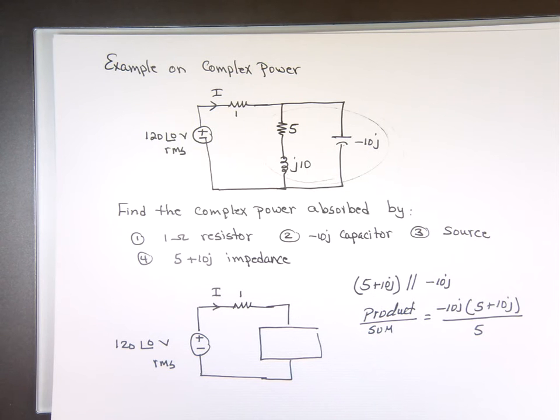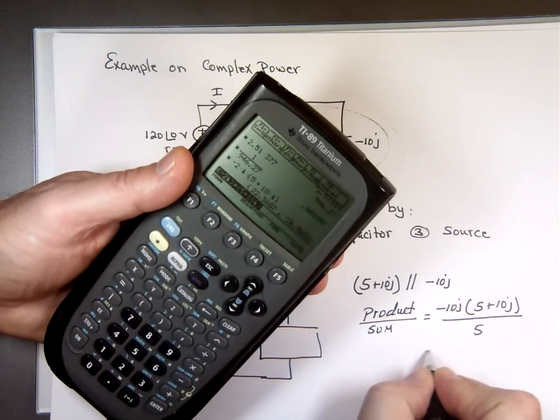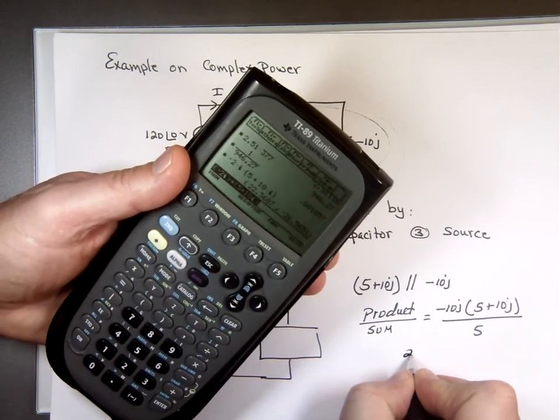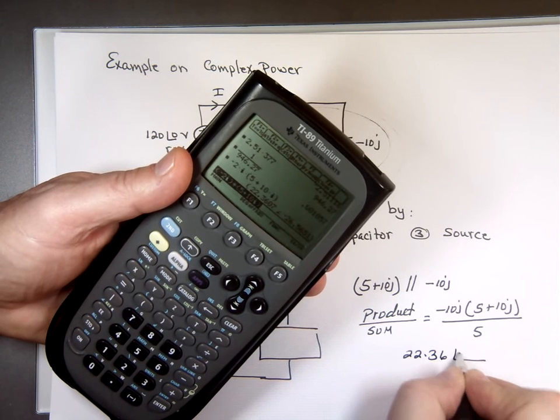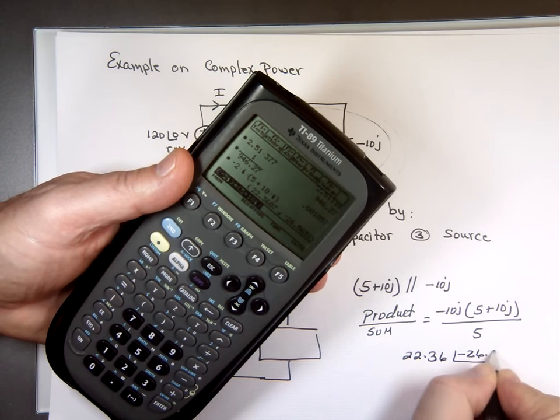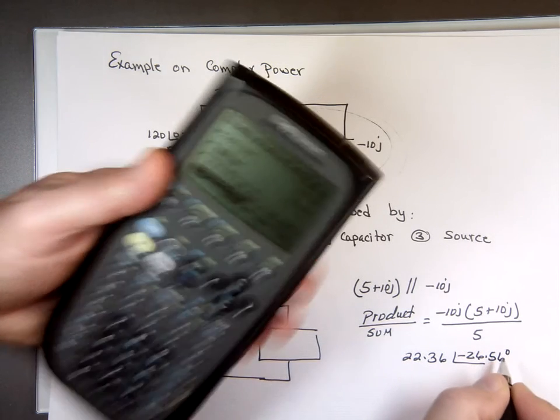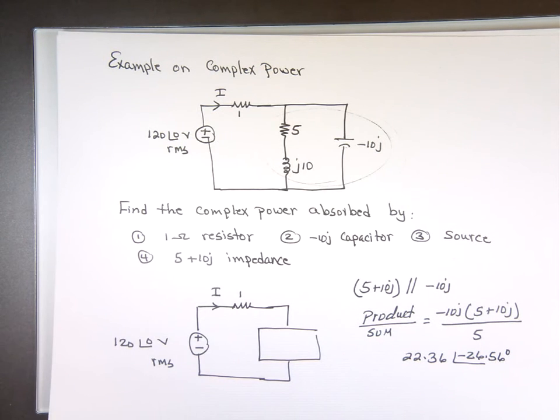Times 5 plus 10J. I got 22.36 angle negative 26.56. Tell me if you got the same number. Did you divide by 5? Yep.